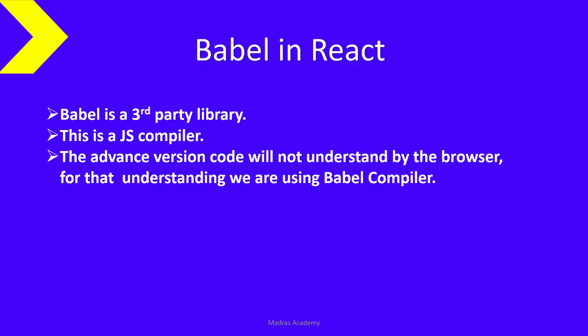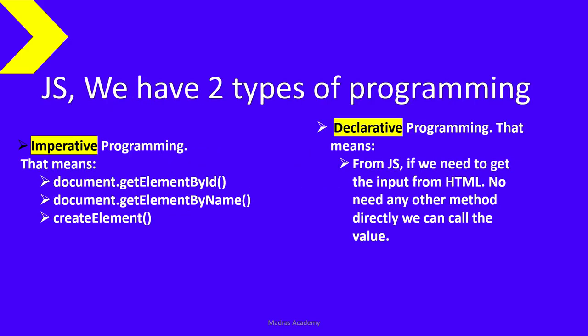So for that, we are using the Babel compiler. What is this Babel compiler, and how is it executing in our React application? Everything we will see in a practical section. Okay, next, in JavaScript we have two types of programming. We can write two types of programming.